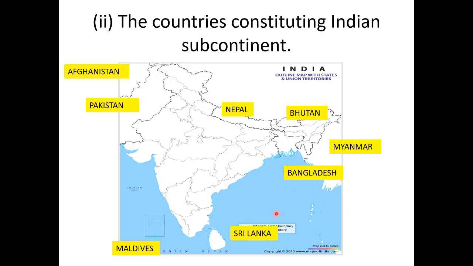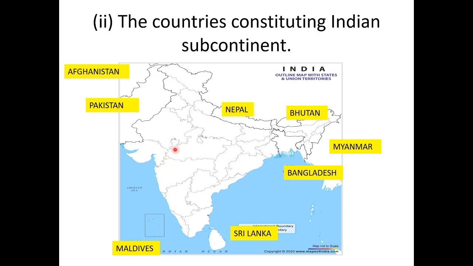Now we come to the Sri Lanka. Sri Lanka and Maldives, they both are the island countries. Okay, here we have Maldives. This is Sri Lanka, and they are the southern neighbor of India. Okay, these are the island country which are neighboring India.